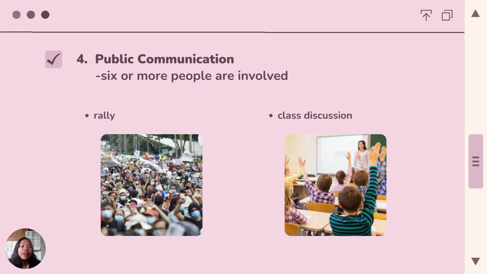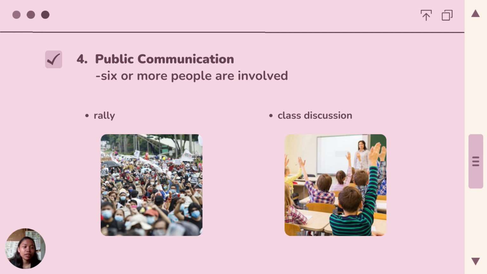So an example is a rally. Have you seen a rally? Observed a rally? There are many people involved. It's usually done in a public place, like in the street or in front of a public building.